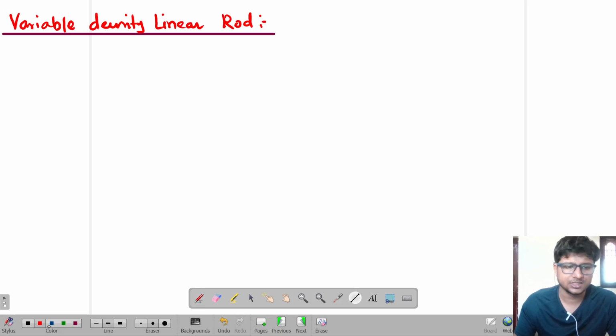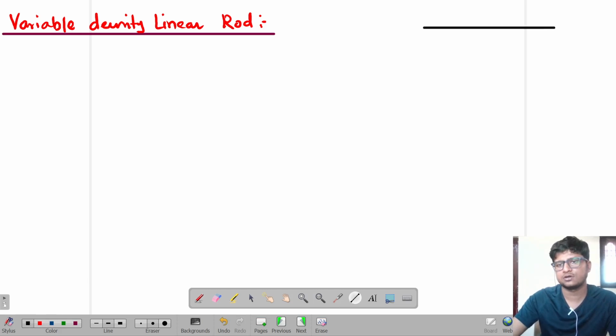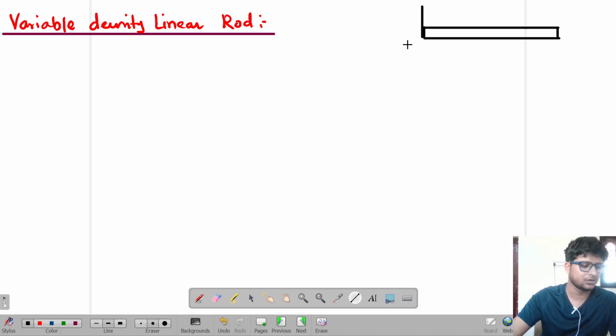So, just imagine I have any kind of rod, and this is its x-axis. Got it?